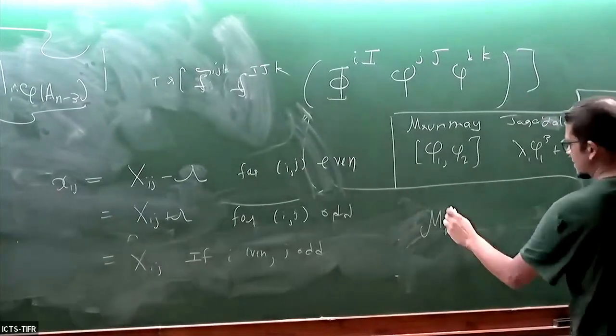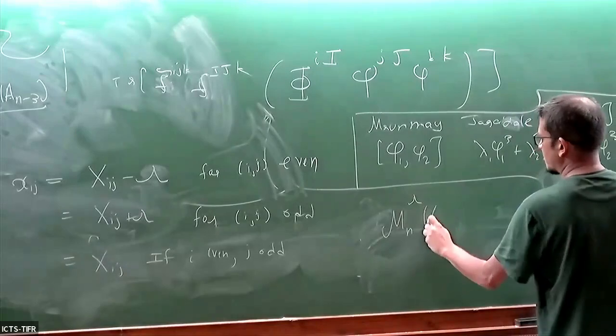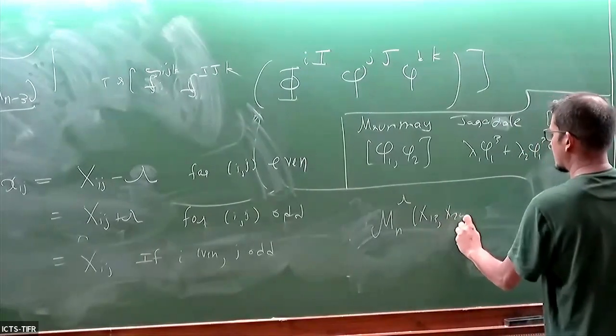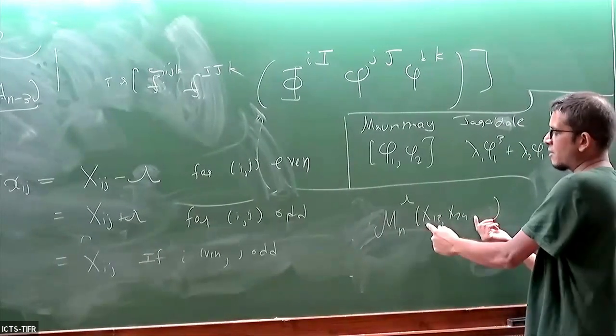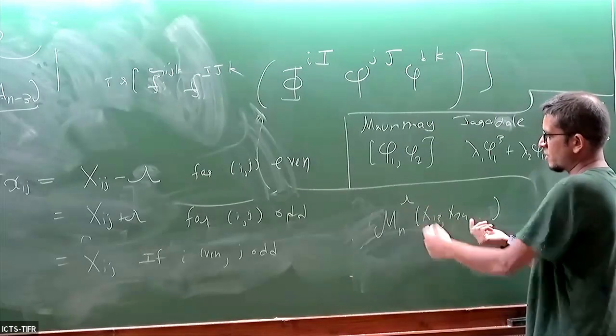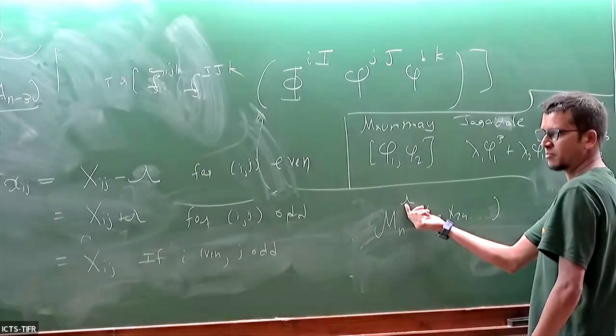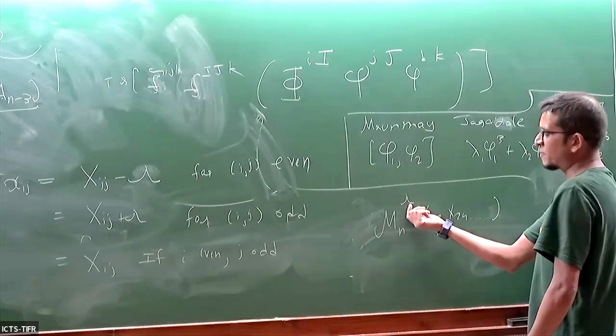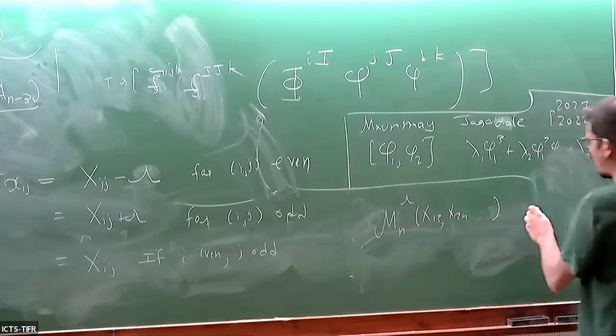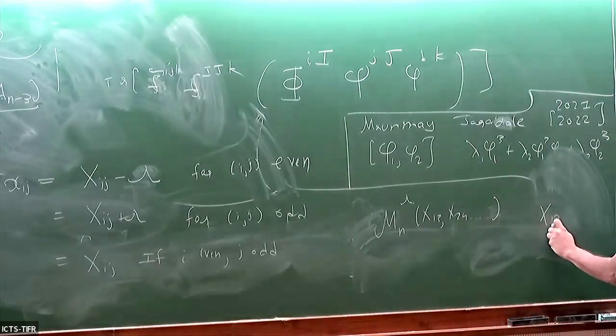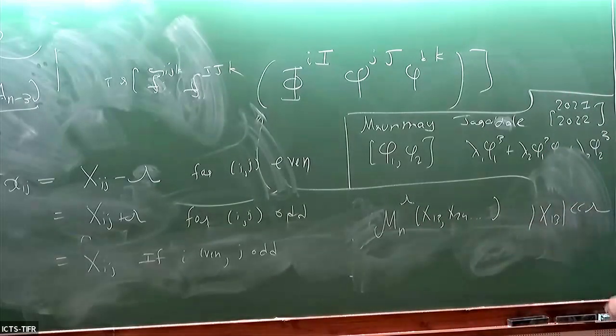I'm just writing the function, which is a function of lambda and some x13, x24, etc. Now you take this and expand it, take the large lambda limit. Large lambda means you will get some low energy theory. So you take all the x's, for example x13, to be much less than lambda. So I expect some EFT.